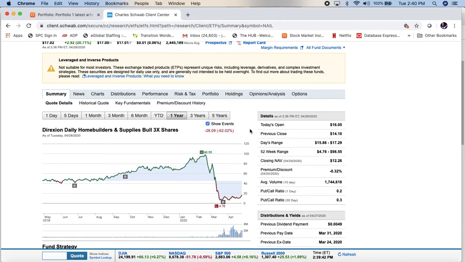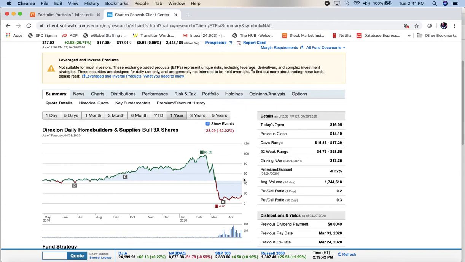So if you do the math, if you buy it at $16.05, and it goes back up to, say, 50, just to round it off. Hold on, I've got my little calculator here. I don't trust my brain anymore when I do this stuff. So, looking at the calculator, 50 minus 16.05, that's 33.95.